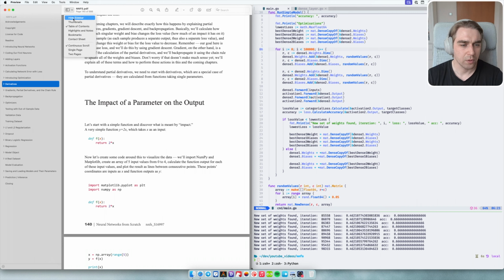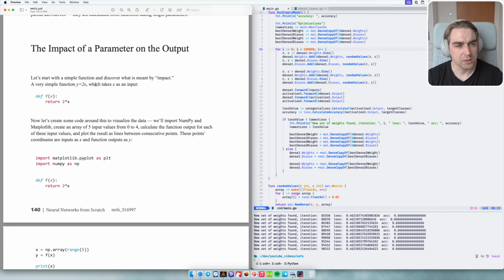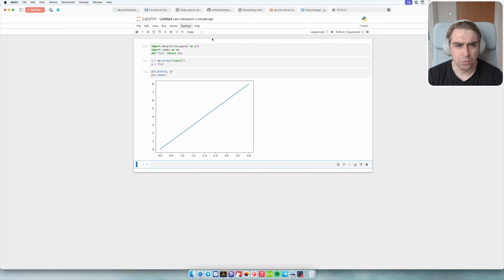Okay, let's start with a simple function to discover what is meant by impact. A very simple function is y equals 2x, which takes x as an input. I decided not to implement this chapter in Go, because I think the goal of this chapter is just to introduce and explain what the derivative is, and I don't want to implement all of these things. So I actually launched the Jupyter Notebook.